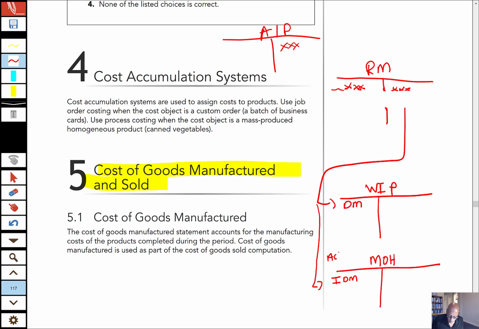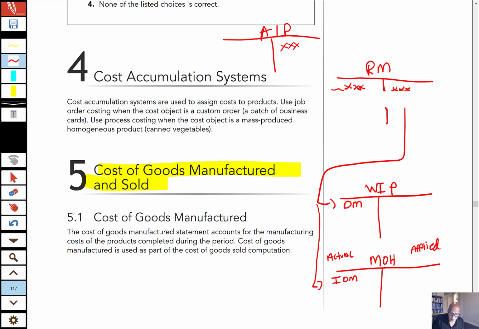So if I'm using some glue for that table, since I can't trace that directly to work in process, I'm going to put it to my manufacturing overhead. Later we're going to have to apply that manufacturing overhead to our work in process, but we'll get to that in a second.